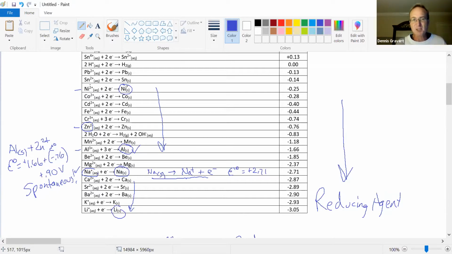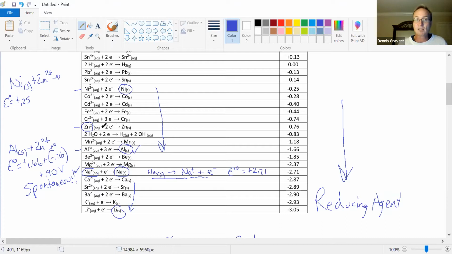And then just make sure it doesn't work for nickel, right? So the question said, will nickel react and reduce zinc? Okay, well, nickel is not a reactant. I want it to be a reactant, but right here off the chart, it's a product. So I need to switch it. So the standard potential is going to be a plus 0.25.